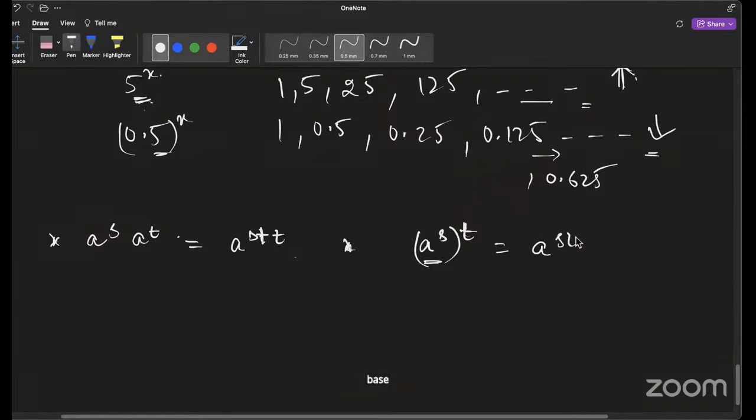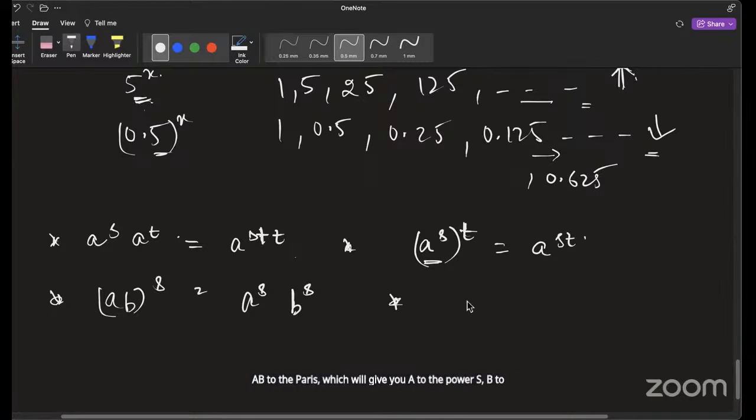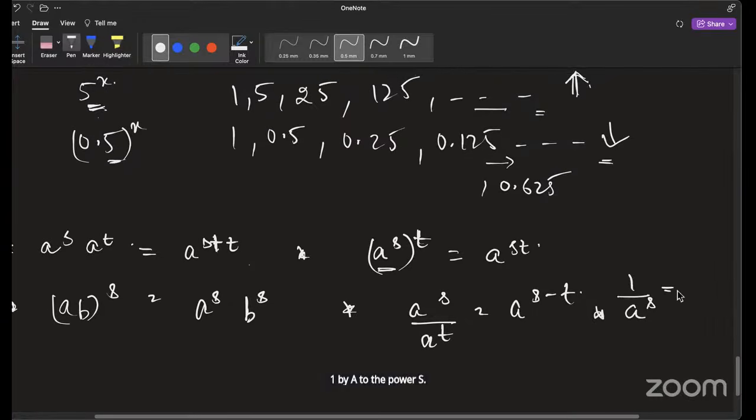This is a to the power st. Then ab to the power s, which will give you a to the power s, b to the power s. Then a to the power s by a to the power t, which will give you a to the power s minus t. Or before this, you could have written 1 by a to the power s, which gives you a to the power minus s.